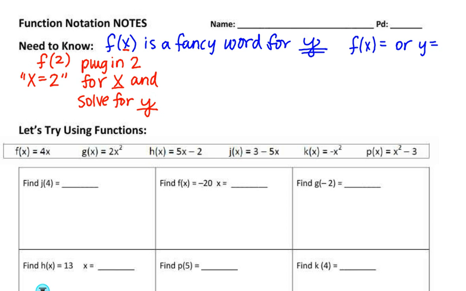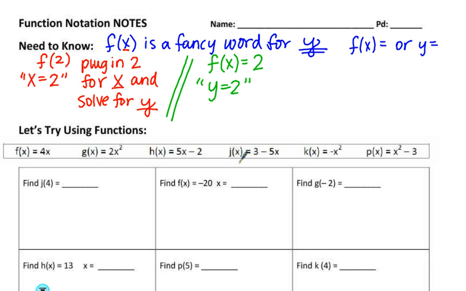So next, here's another thing that you may see. F of x equals 2. Alright, so pause and note the difference between this version and this version. Okay, this one gave me an x value. What do you think this one is representing? Well, we just talked about that f of x. That f of x is just a fancy word for y. So this is saying y equals 2.